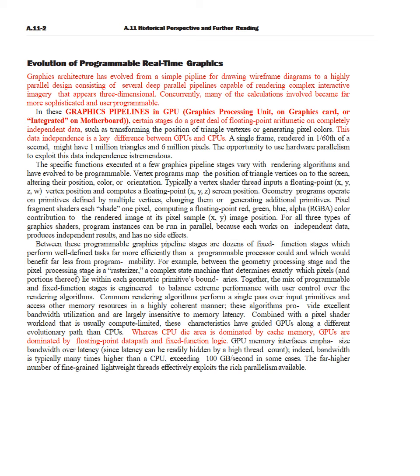For one thing, you can do complex floating point arithmetic. We've talked about that in most courses that you've had with me to some extent. You can do a great deal of floating point on completely independent data in parallel for rendering and for the graphics. Then down below here we see that whereas the CPU die area is dominated by cache memory, GPUs are dominated by floating point data path and fixed function logic.